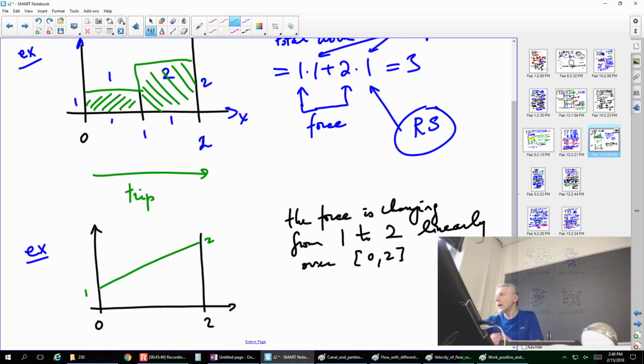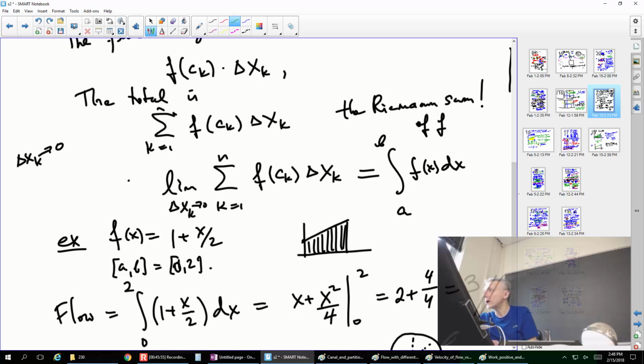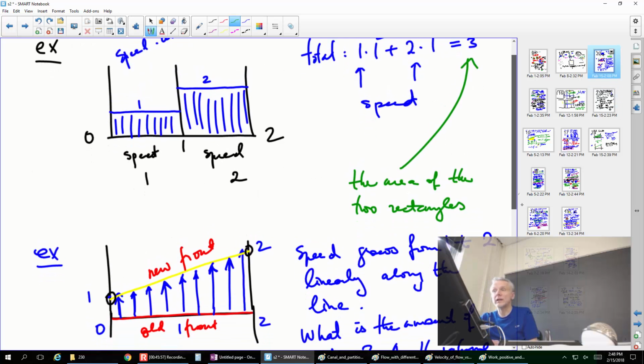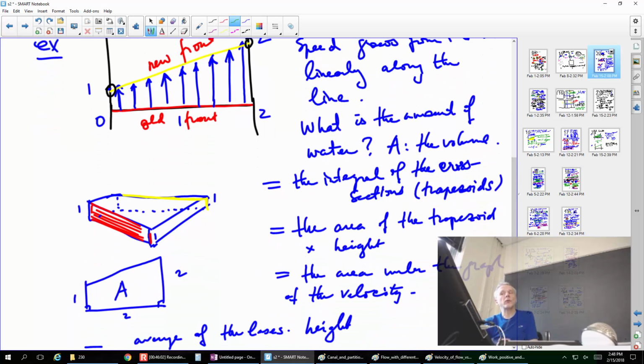I cannot have a visualization as I had with my flow. So remember, with the flow, we had exactly the same story right here, 2 stories, and I was able to visualize the amount of water passing through those gates by this prism. And then we computed the volume of the prism. Unfortunately, that is almost literally visual.